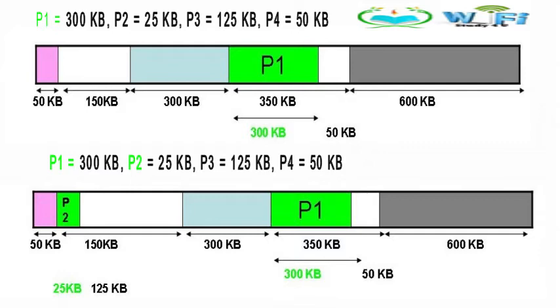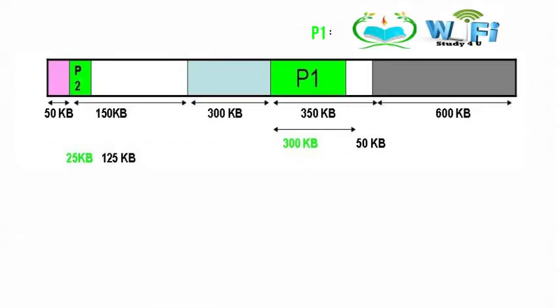See here, green color 25. The remaining memory is 125 kilobyte from 150. Likewise, P1 is stored in 350 kilobyte, 300 occupied, and 50 kilobyte remaining.